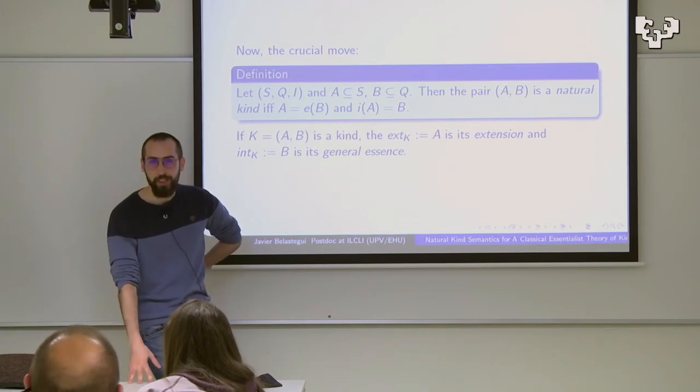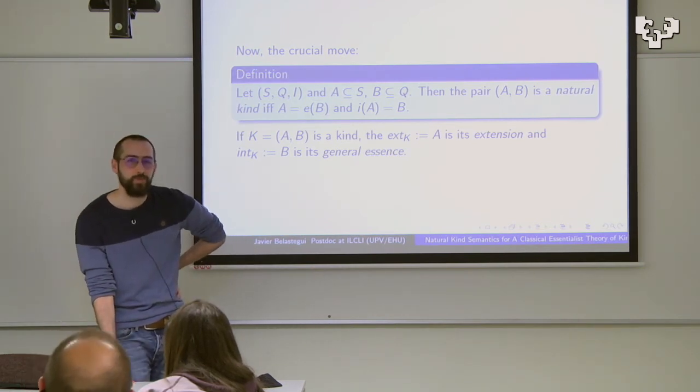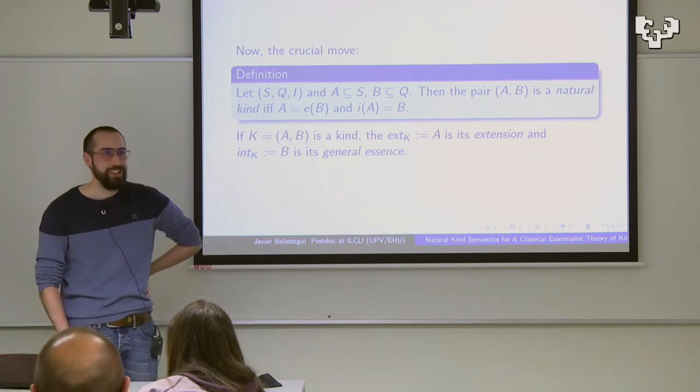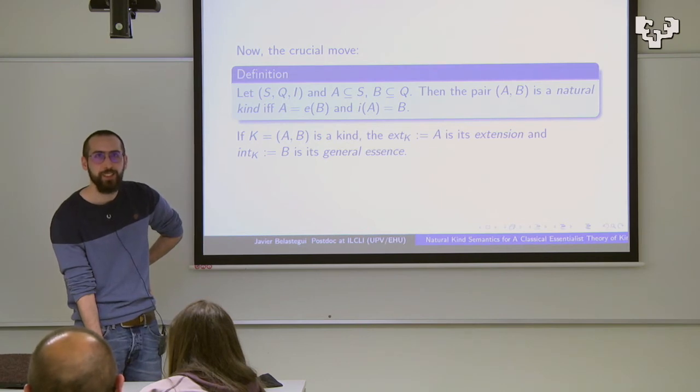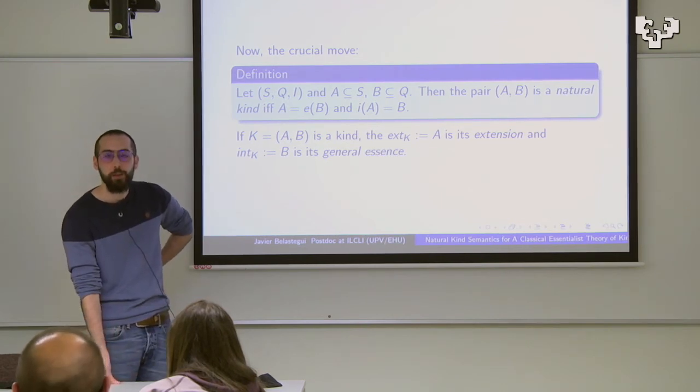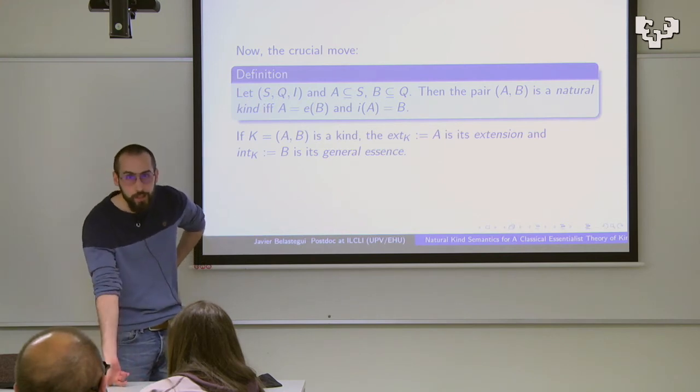If you have the same extension, then they will have the same essence. Why? That should be a theorem then. That's a theorem. What I said is a theorem about the semantics.